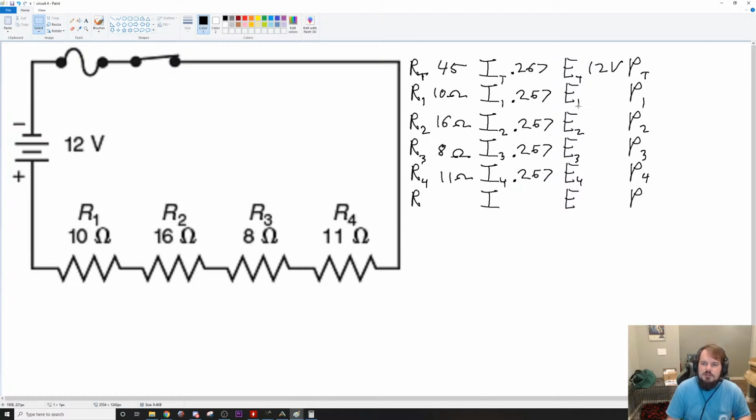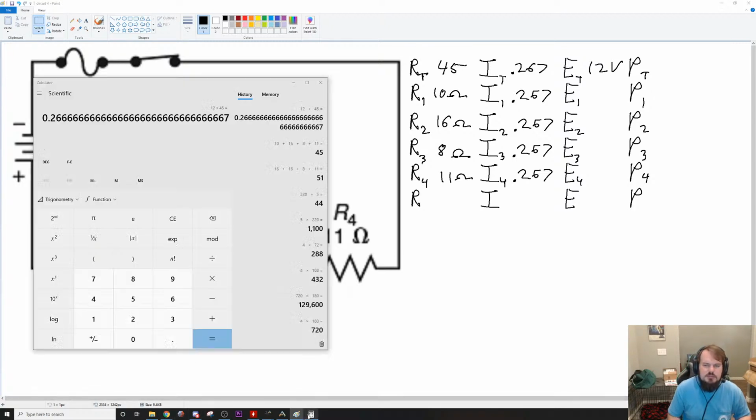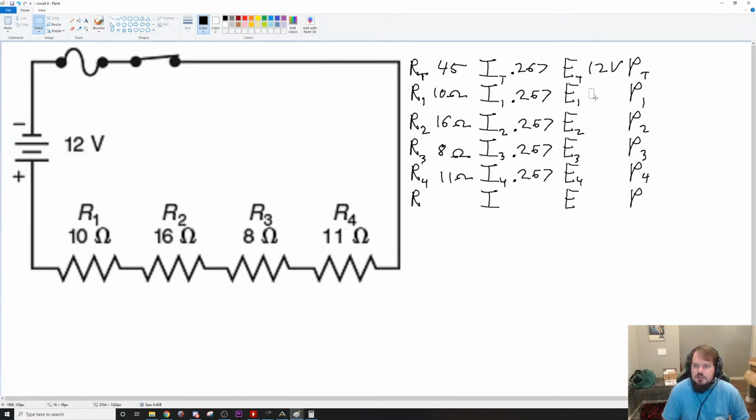And now we just have to multiply across to get our voltages. So this one's pretty easy. 10 times 0.267, that's going to be 2.67 volts. These are all amps.